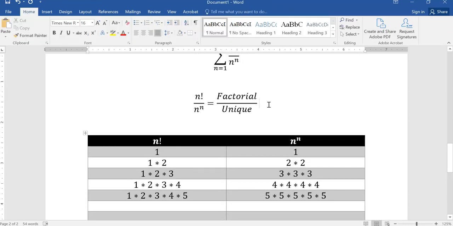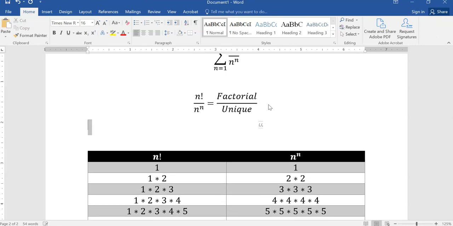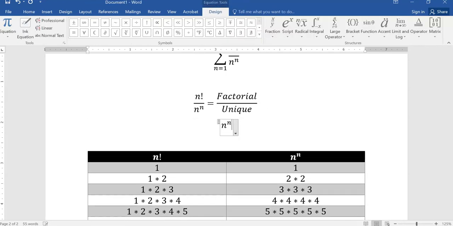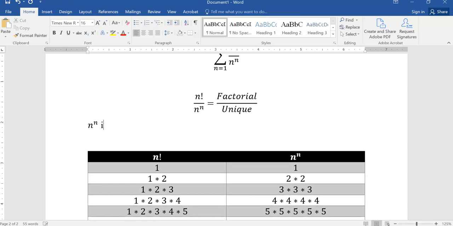So what I'm saying here is that n to the nth power is a faster growth even than n factorial. It is in the denominator. So the series converges absolutely. All right.